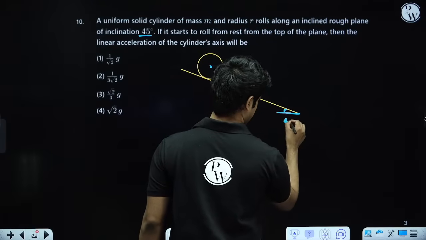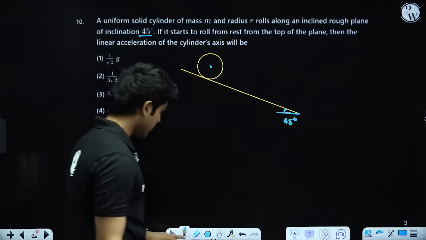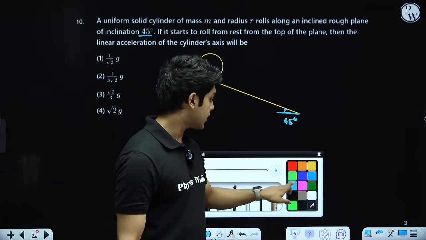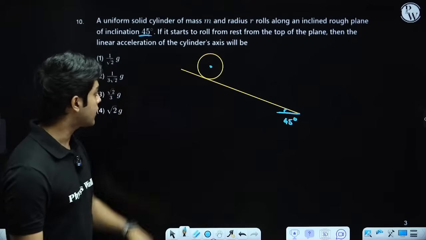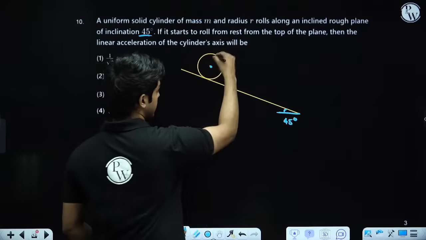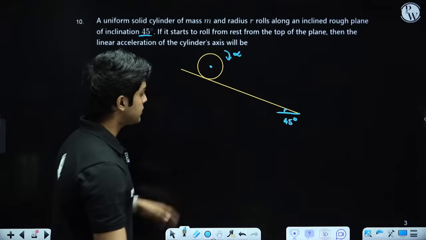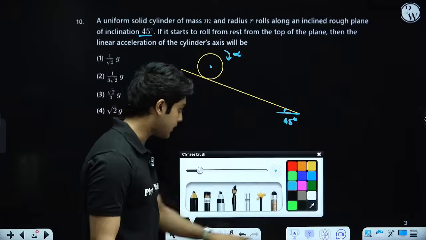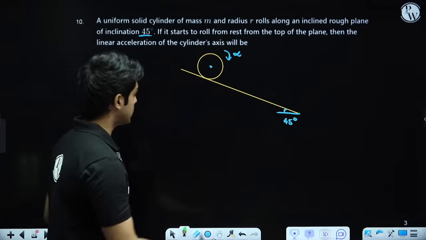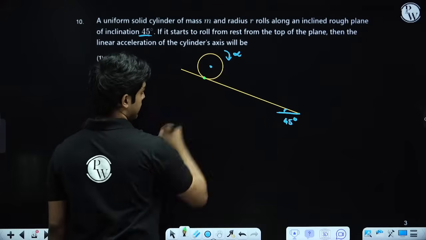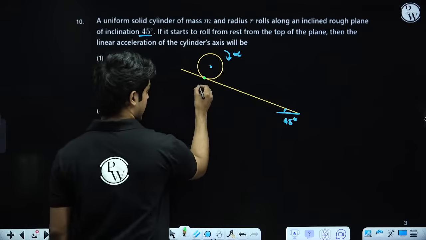This angle is 45. So basically when we want the acceleration, we first find out the angular acceleration of this cylinder. It will have some counterclockwise angular acceleration, and the best way to find this will be to use the instantaneous center of rotation, which is basically the contact point. This is the ICOR.